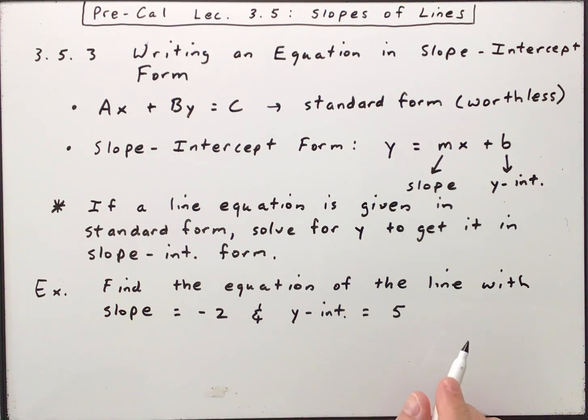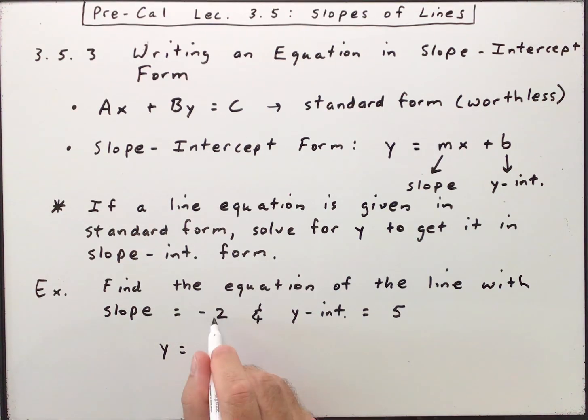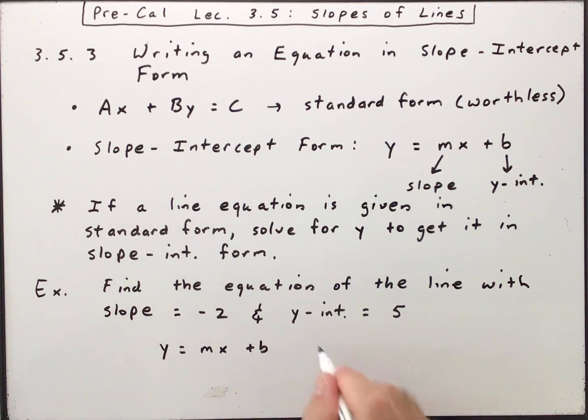Okay, we're not given a point on the line, but we've got the information we need. It's y is equal to mx plus b. m is -2. Let me just go ahead and write down mx plus b. So that's going to be y is -2x plus 5.